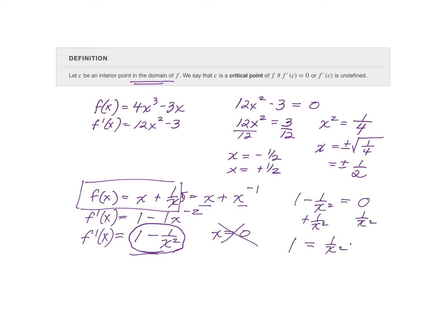I'm going to multiply both sides by x squared. These cancel, and I get x squared equals 1. That means x equals plus or minus 1. What I did was take the square root of both sides, and we needed the positive and negative root, so we get x equals plus or minus 1. So my two critical points are x equals positive 1 and x equals negative 1.